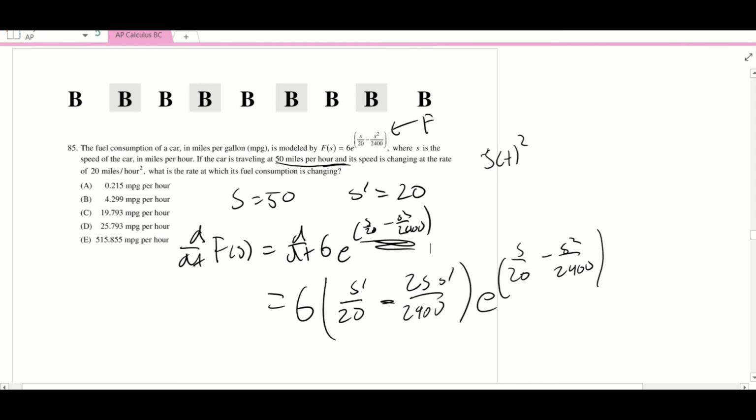And I got the same answer again, which is not good.